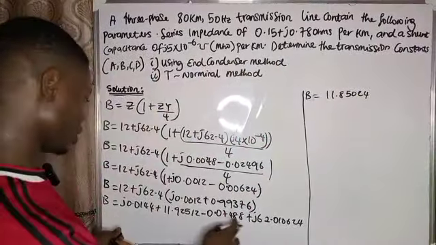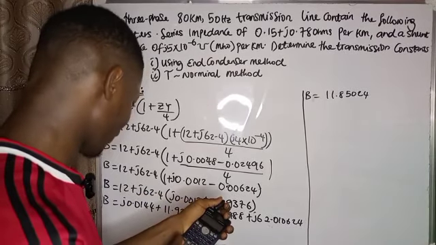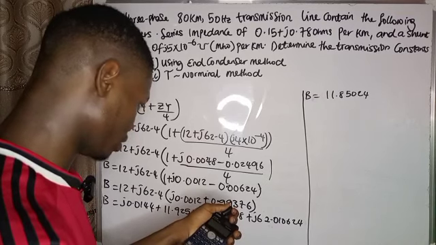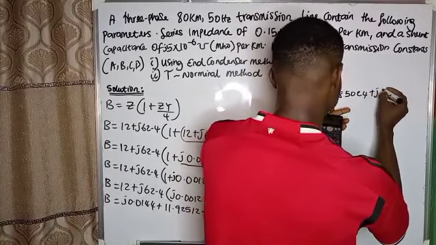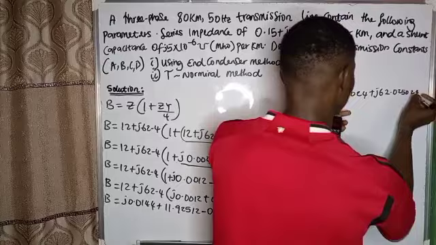Then for the j terms, 0.0144 plus 62.010624 gives me plus j62.025024.